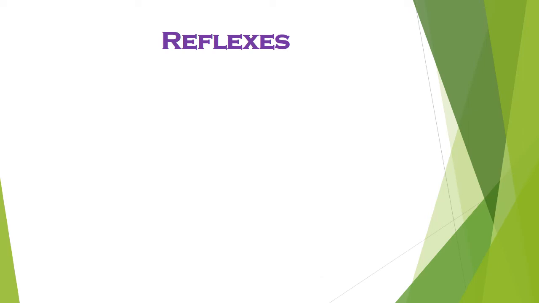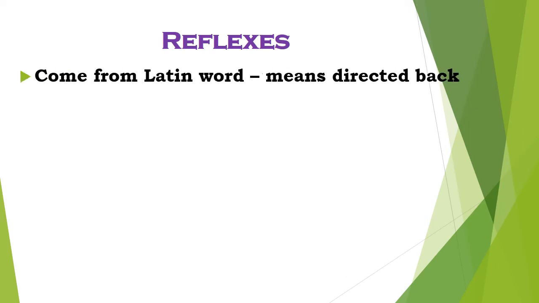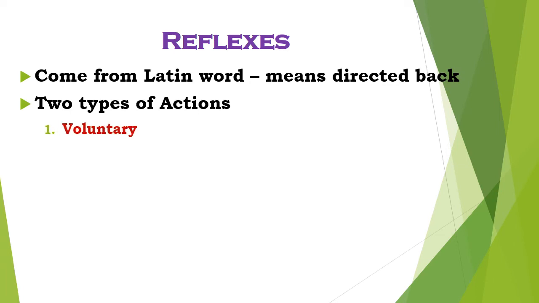Reflexes. The term comes from the Latin word reflux, which means reflected or directed back. There are two types of actions, voluntary and involuntary. Voluntary actions are those which we perform consciously, like reading a book, writing notes, watching TV, picking up any instrument.